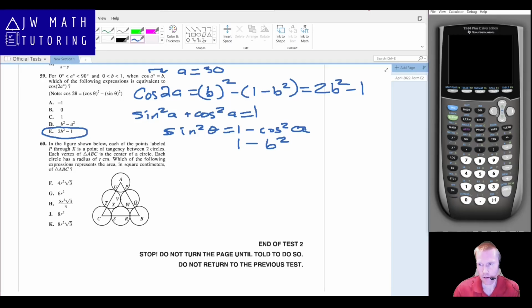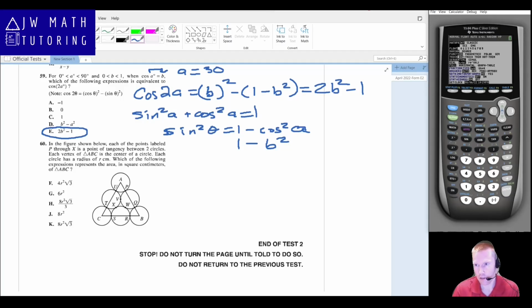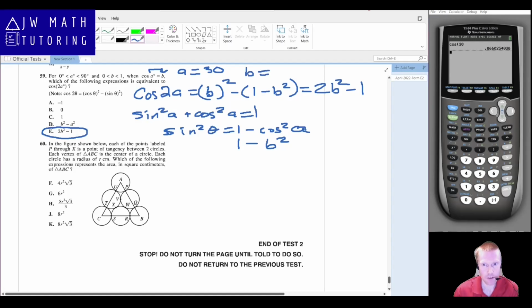So I go to my calculator and I take the cosine of 30 degrees. Just make sure it's in degree mode first, not radians. So cosine of 30 degrees, 0.866. So that means that B is equal to 0.866.